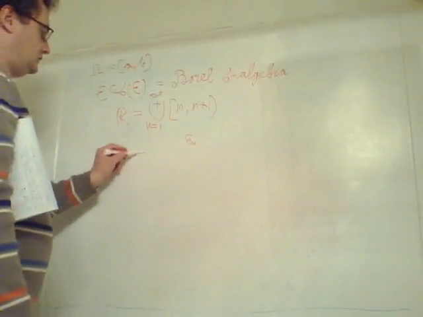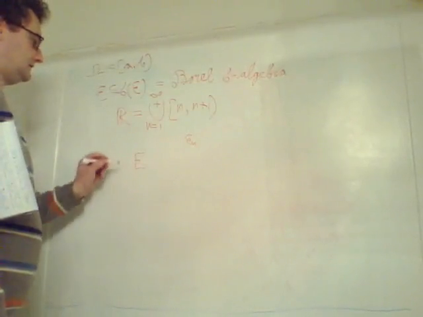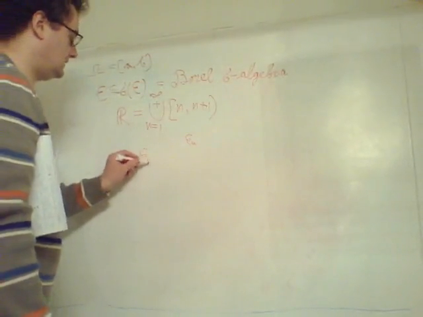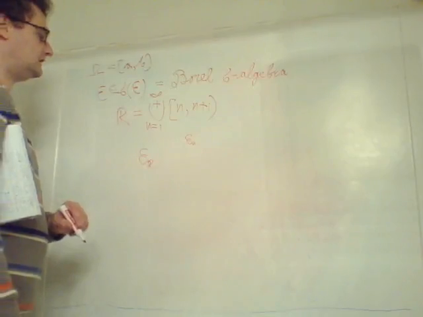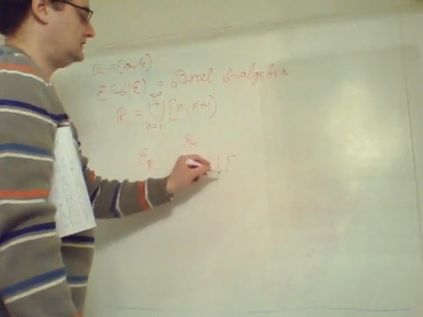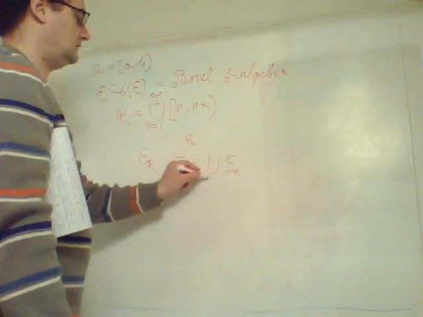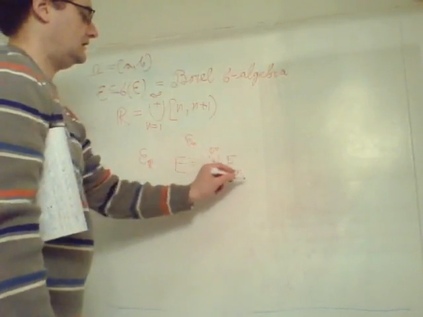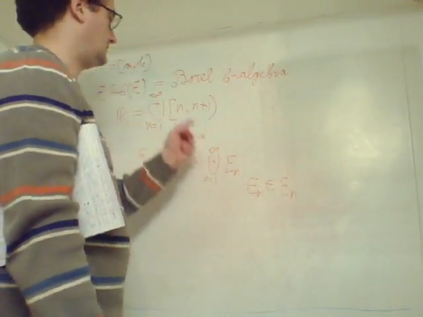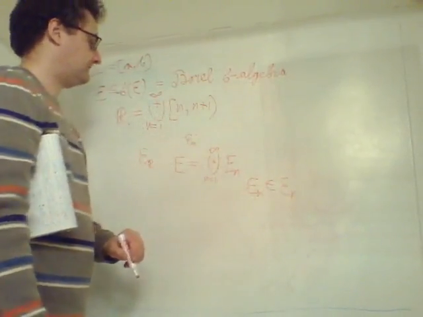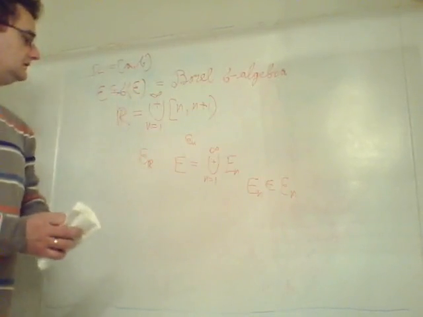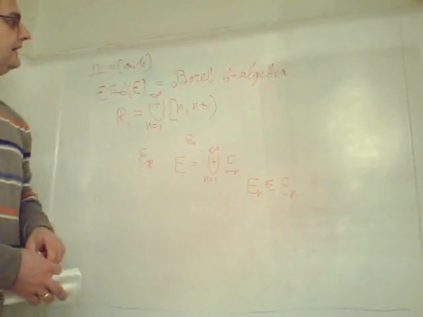Then we will take the collection, let me say ER, to be the collection of all sets E which can be written as the union of ENs, where EN is an elementary set in this nth interval.